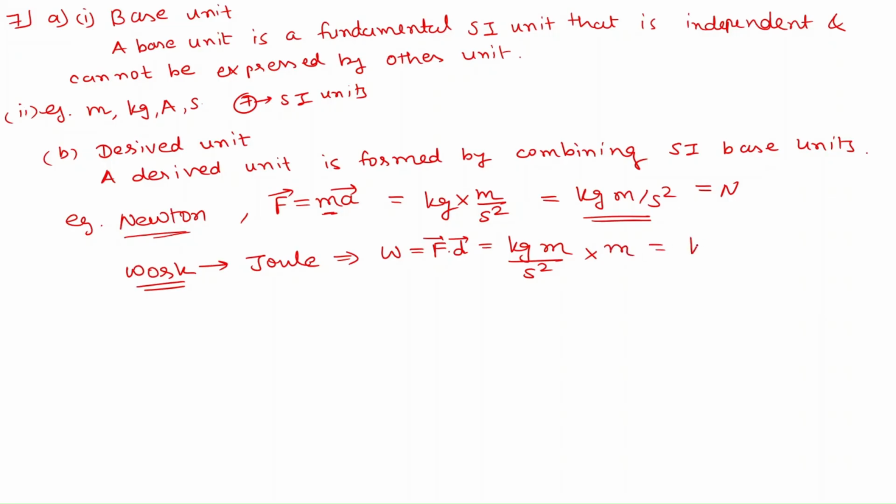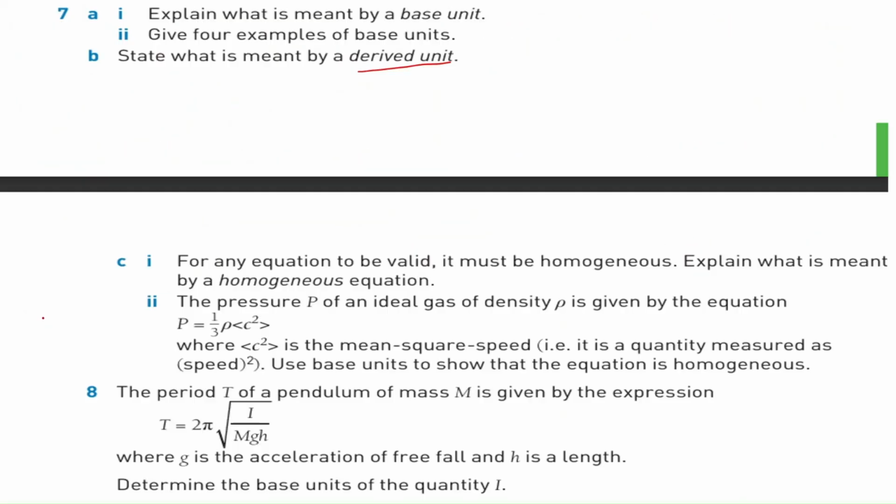Now we get kilogram meter square per second square, which means joule. Both are called derived units, derived from base units. You see here, these are the base units: mass, acceleration. Here's the answer to question B.